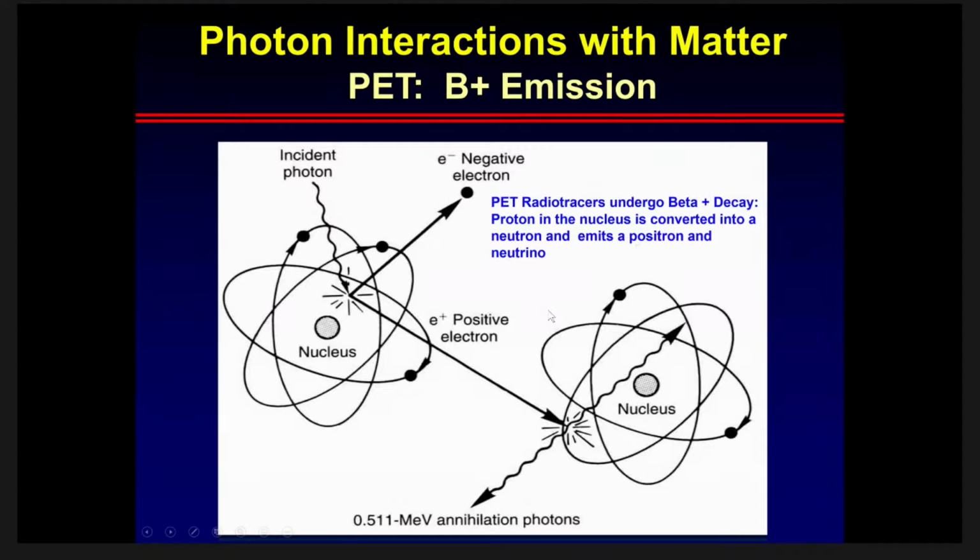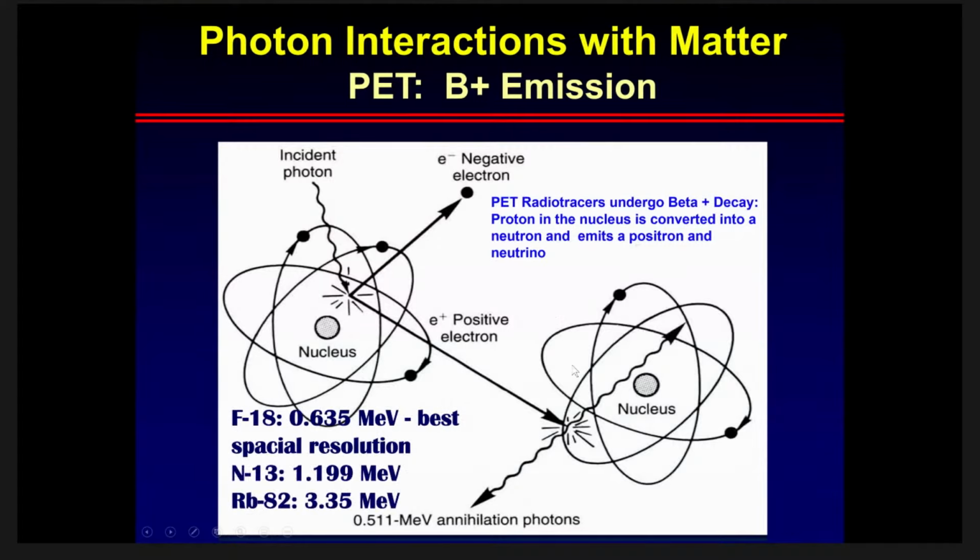Now, what's interesting about some of these radiotracers is that, let's say, fluorine or F18 actually has the best spatial resolution of the PET tracers because it has the least amount of energy. In other words, the positron is emitted, and because it's got lower energy, it annihilates much closer to the area of emission than, for instance, N13 ammonia positrons or rubidium positrons, which have much higher energy.